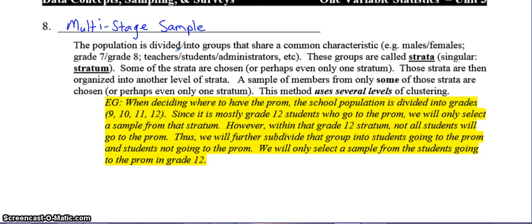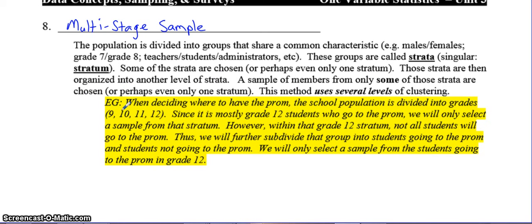So the population is divided into groups that share common characteristics again, so break them into strata. Some of the strata are chosen, and then those strata are then organized into another level, so they're broken down again. A sample of members from only some of those strata are chosen. This method uses several levels of clustering.